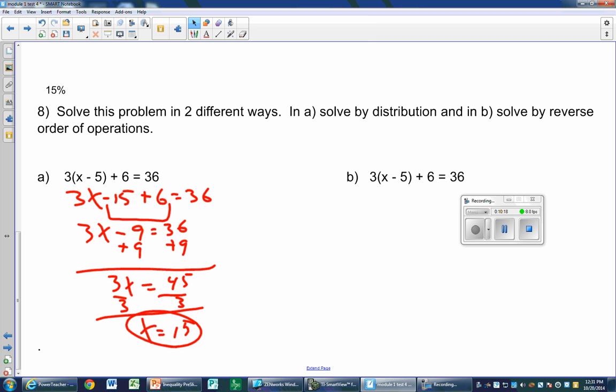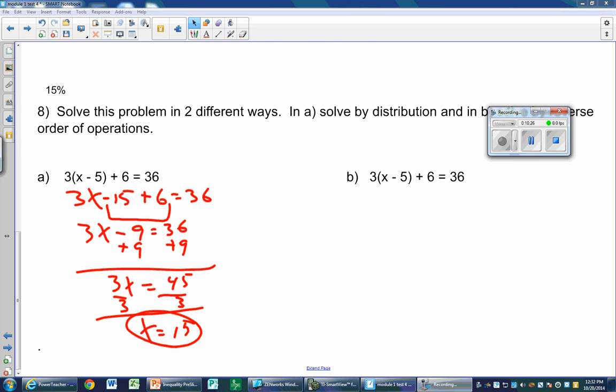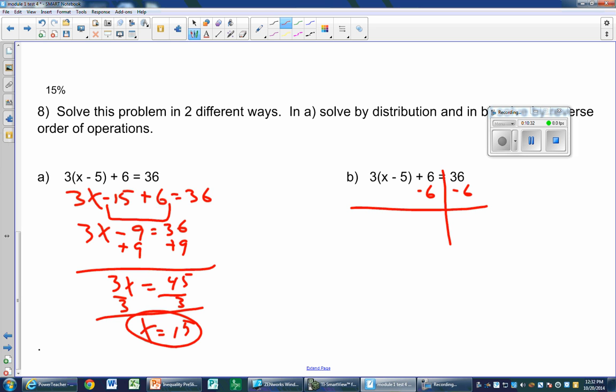Now, over here, I have to solve by reverse order of operations. So the last thing that's being done to the x is adding 6. So the first thing I have to do is subtract 6. Now, the next to last thing that's being done is I multiply my answer by 3.